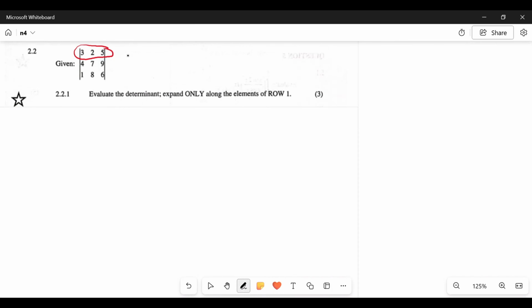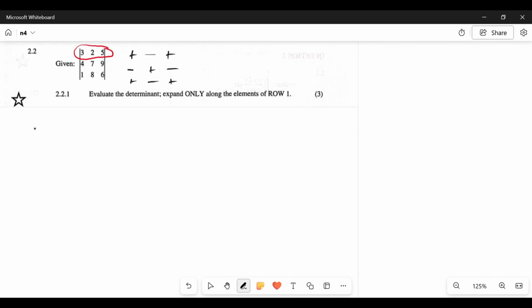We need to write the signs here. So the signs go like this. You have positive, negative, and positive. We have negative, positive, and negative. And we have positive, negative, and positive. So these signs, guys, are going to help us find the determinant that they're asking us to get.